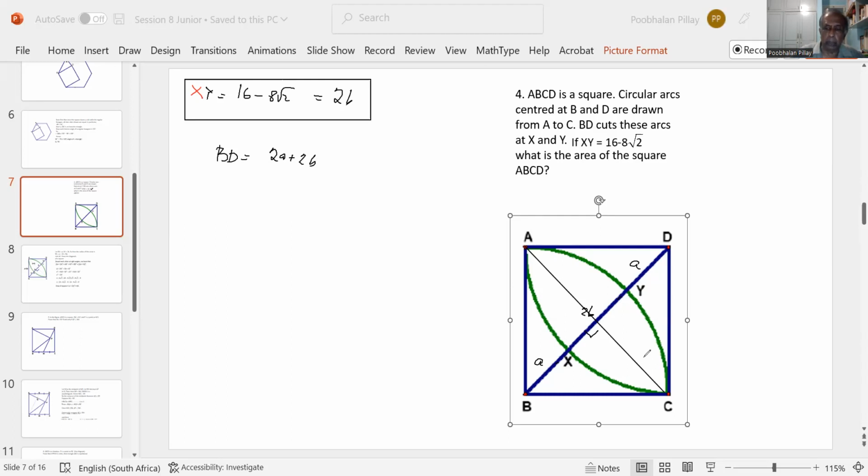The diagonals are equal in a square. So this part here is half, because the diagonals bisect each other. If the whole thing is 2A plus 2B, let's call this point O. AO, from here to here, will be half of 2A plus 2B. And that is A plus B.